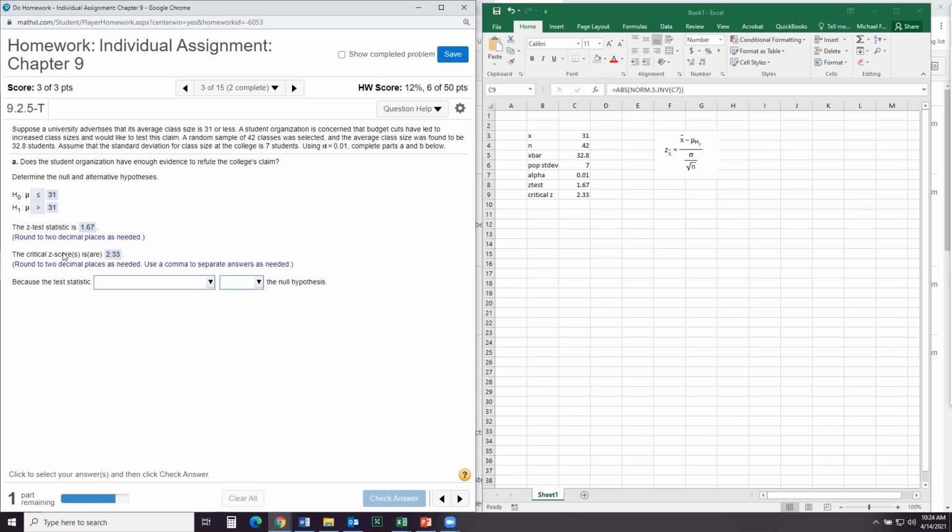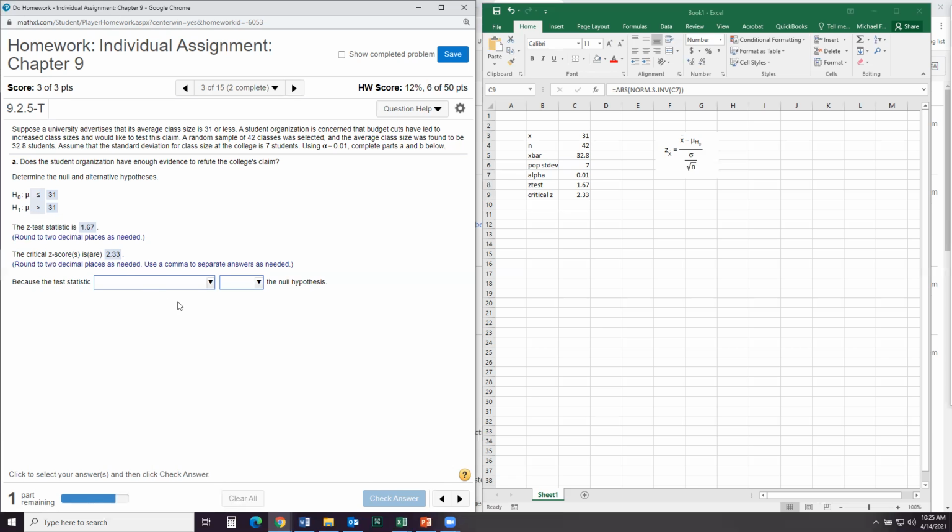So the way we compare this always is, if the Z-test statistic is less than the critical Z-score, then we accept this null hypothesis that it's the same as before, less than or equal to 31. If the test statistic is greater than the critical Z-score, then we reject the null hypothesis and accept the alternative hypothesis.